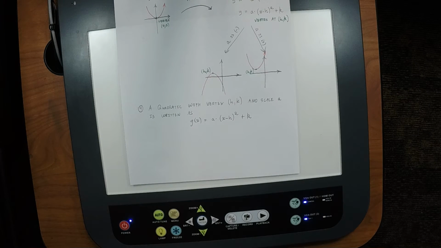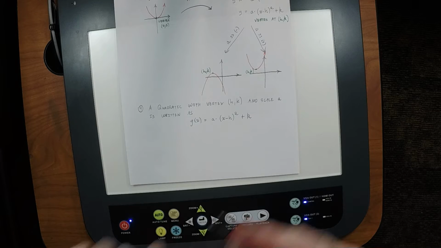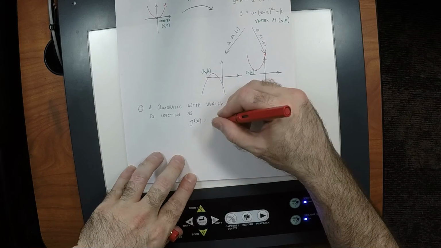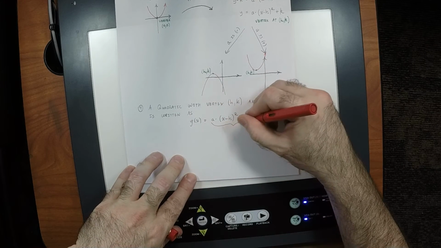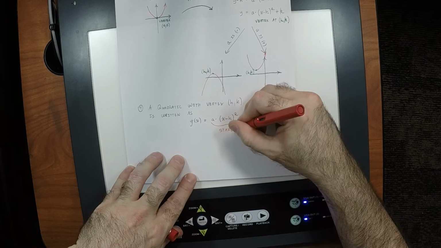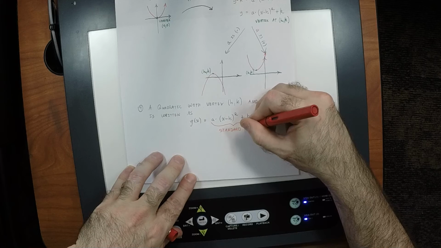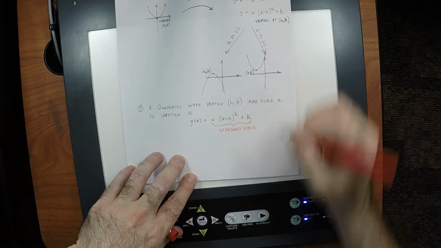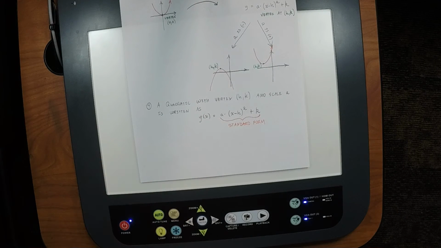This form is called standard form. So a page or two ago, we said that a different form was called the general form, and this is called the standard form.